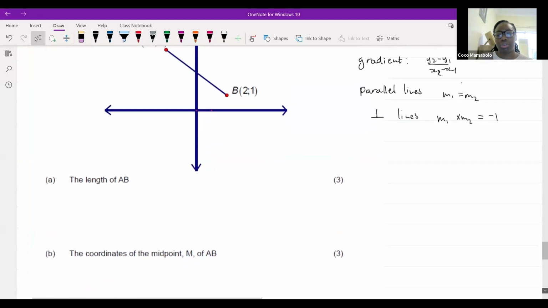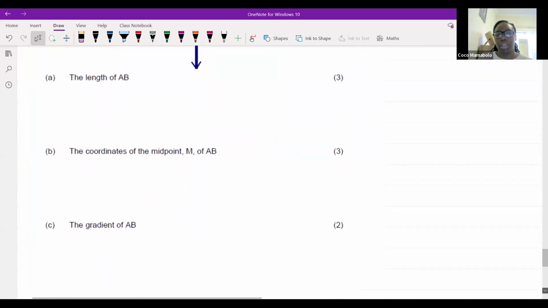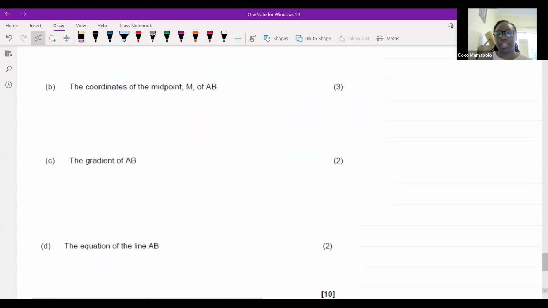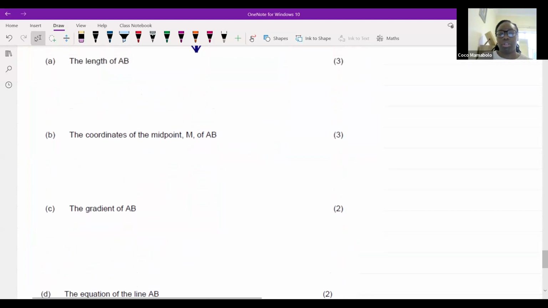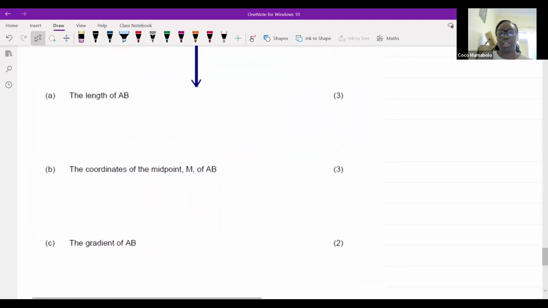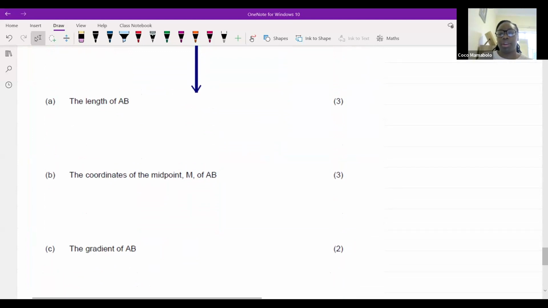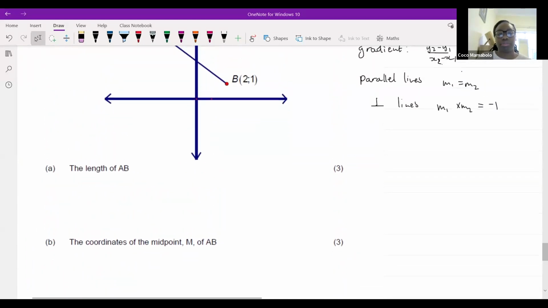I can scroll down quickly. Okay, the next question says the gradient and then the equation of line AB. So the 4 questions: the length, the coordinates of the midpoint, the gradient, and then the equation.